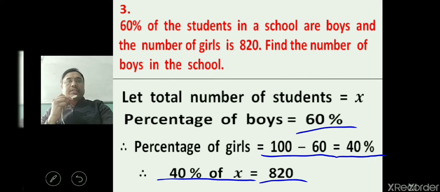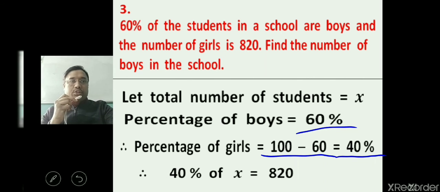It is given that the number of girls is 820, and the calculation here is that 60% are boys, so the remaining 40% are girls. So 40% of the total students x is 820.